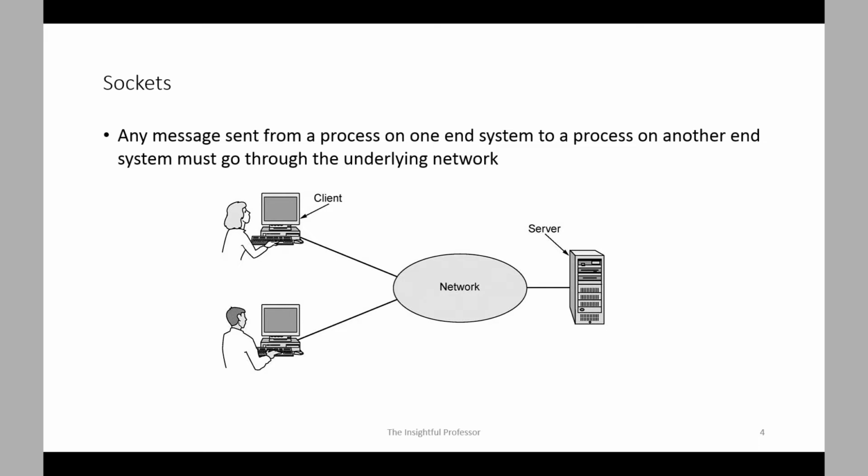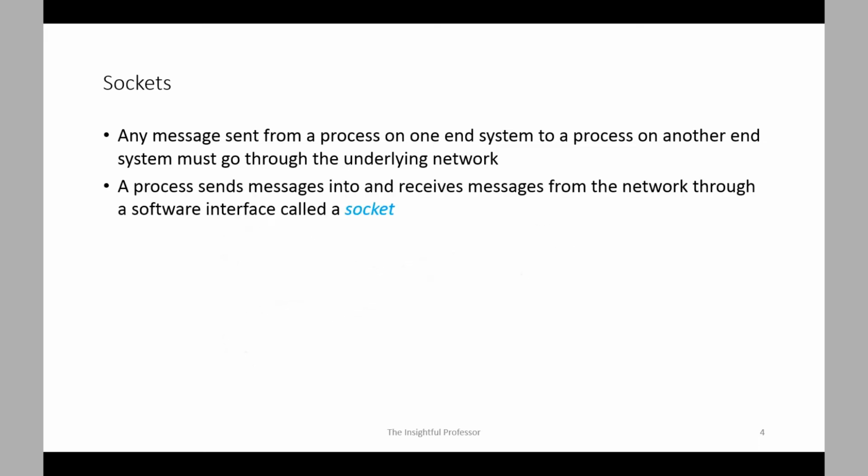In both cases, the message was sent through the network. The process is going to send messages into and receive messages from the network through this interface referred to as the socket. So this is how we have an on-ramp to this network structure, the internetworking, and an off-ramp coming back to the application. So this is how we get messages into the system and receive messages from the system.